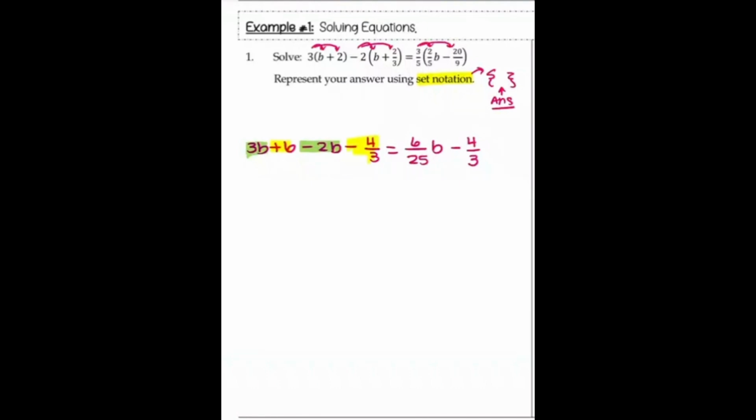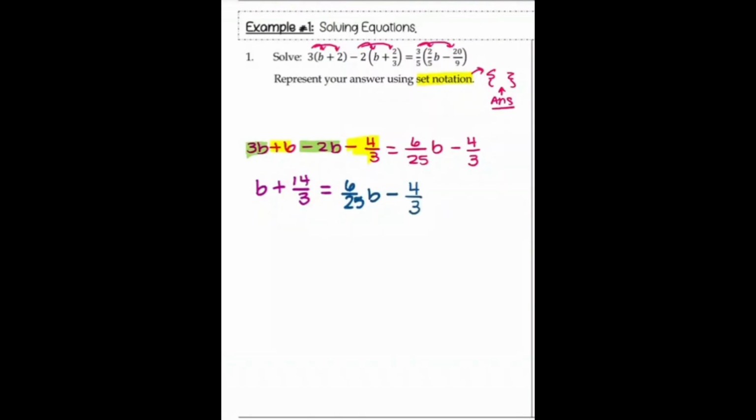So looking at the left side, when we combine the b's and combine 6 with -4/3, we should get b plus 14/3. And that number is equal to everything on the right side because there are no like terms to combine.